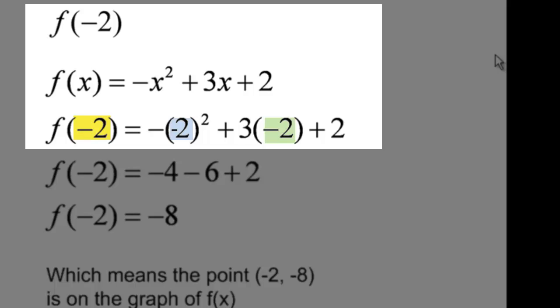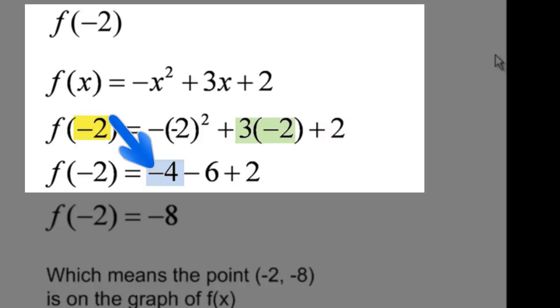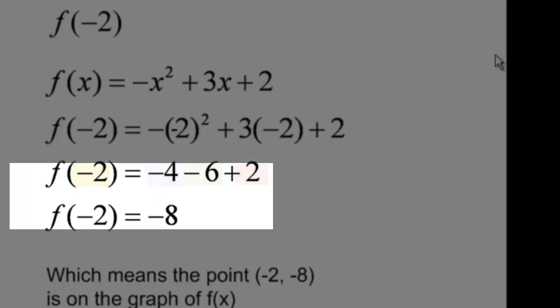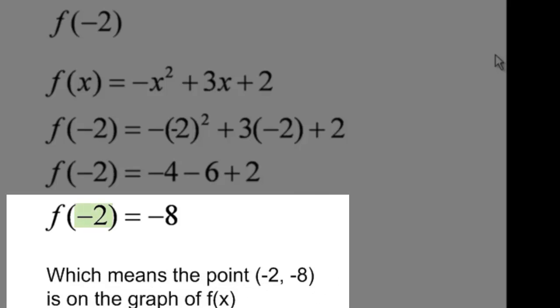It's important to note that the negative 2 squared does yield a positive 4, but the negative on the outside keeps it negative 4. 3 times negative 2 is negative 6. Then I add 2, which yields a final answer of f of negative 2 equals negative 8. This means when I input negative 2, I output negative 8. So the coordinate negative 2, negative 8 is a point on the graph.